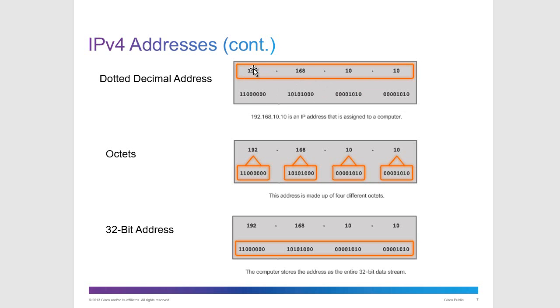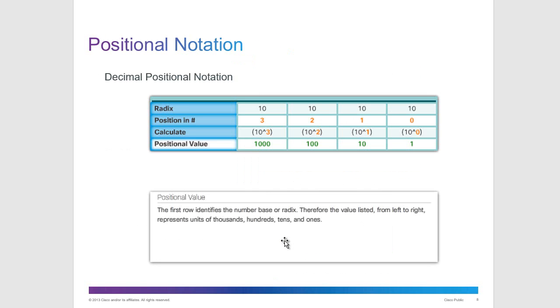So each section here, 4 sections, they're all 8 bits of ones and zeros. This is referred to as dotted decimal. These different sections are referred to as octets for every 8 bits. Octo, 8 bits. All 4 of those together, we get 32 bits.